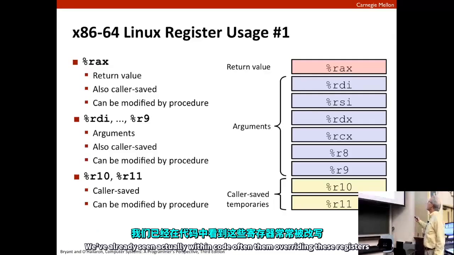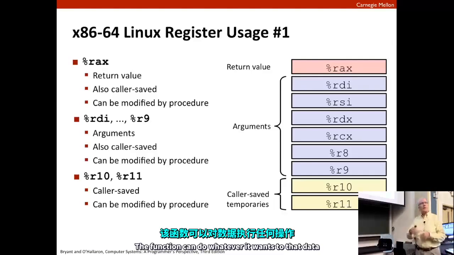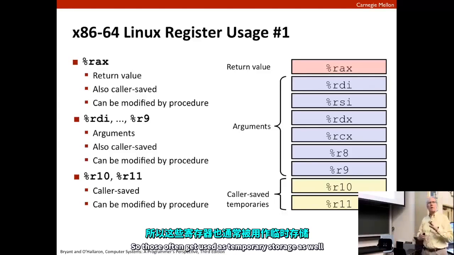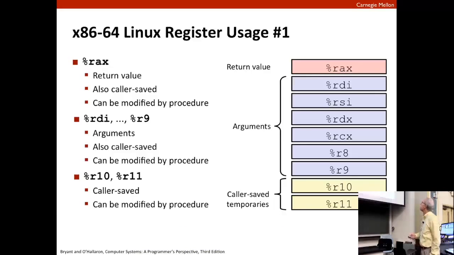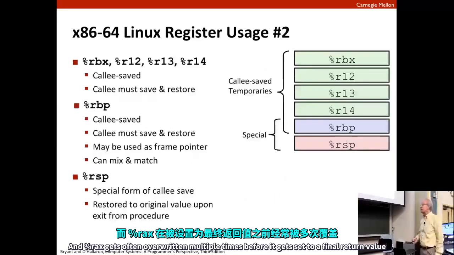We've already seen within code often them overriding these registers, because whatever gets passed to a function, the function can do whatever it wants to that data as long as it's not somehow corrupting other data. So those often get used as temporary storage as well. And RAX gets often overwritten multiple times before it gets set to a final return value.